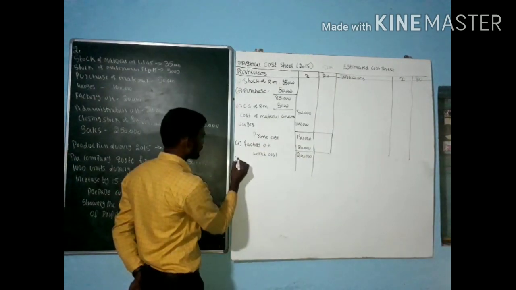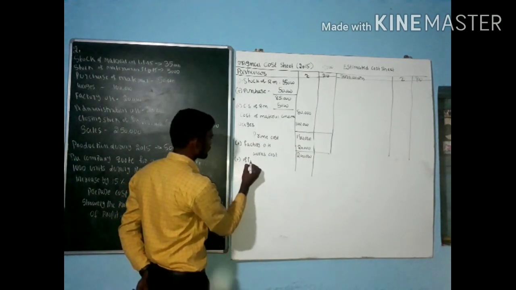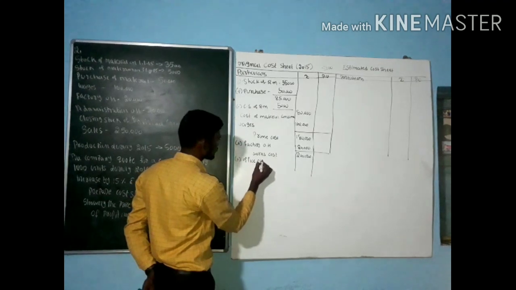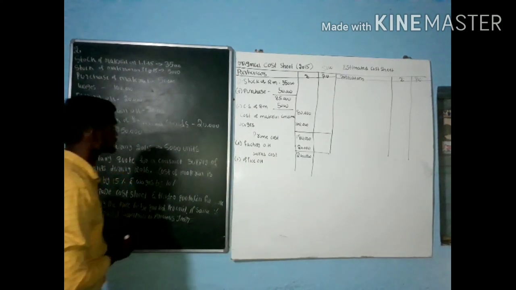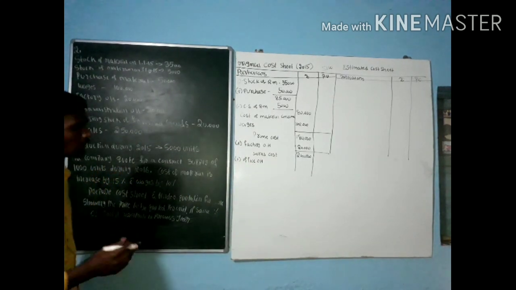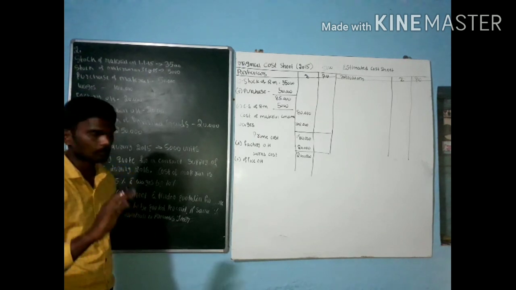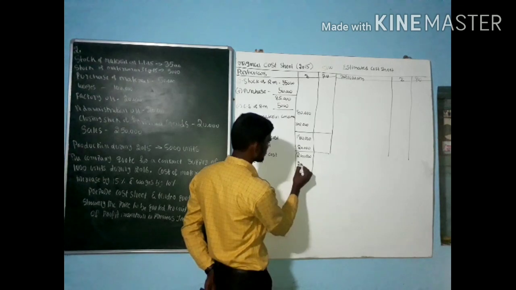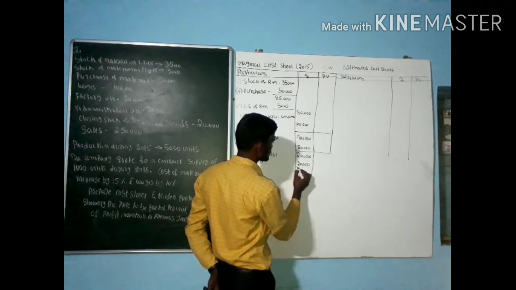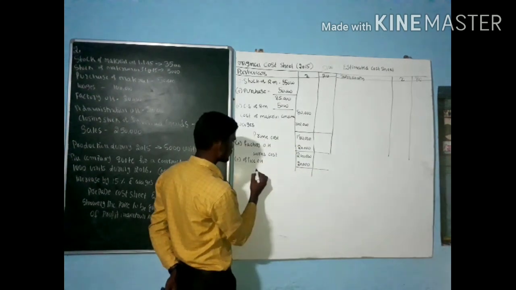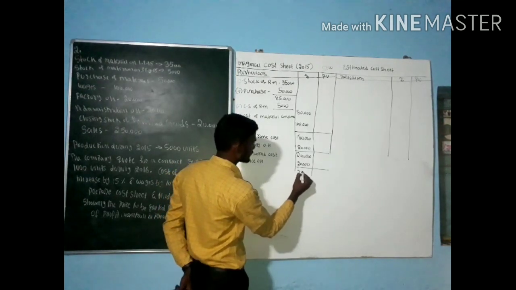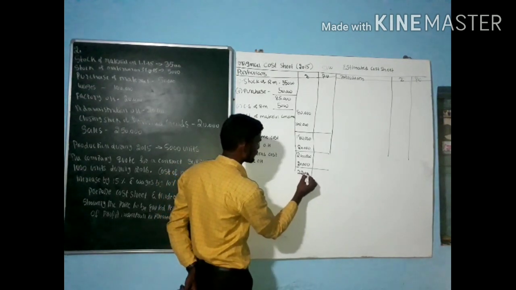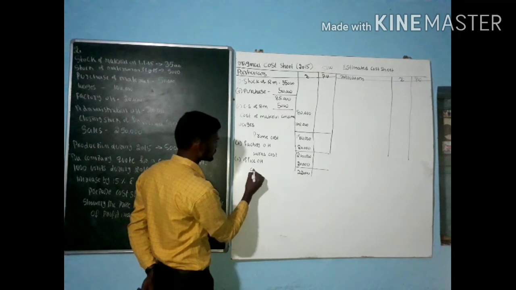Next one, add office overhead. How much is office overhead here? See, office overhead or administrative overhead, both are same. Office overhead is 20,000. So total value is 2,20,000. This comes under cost of production.